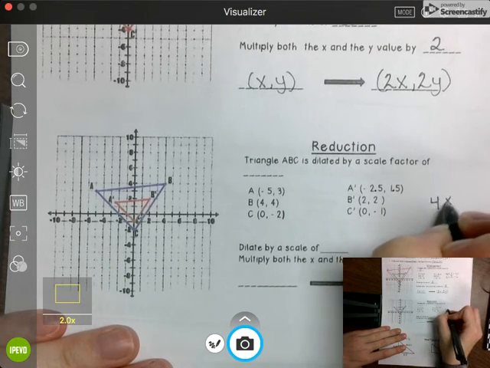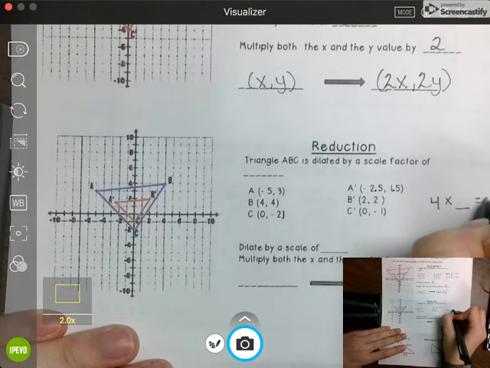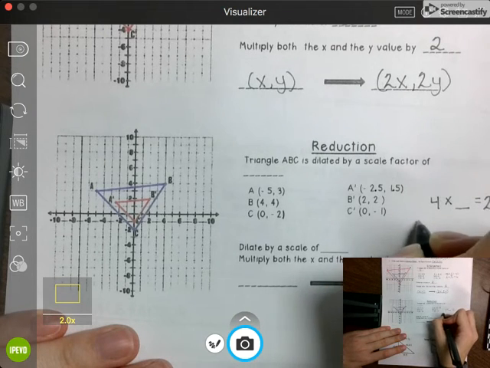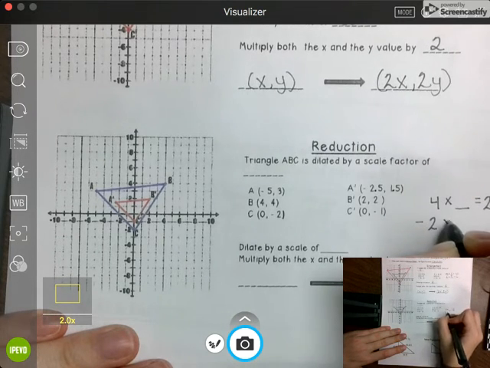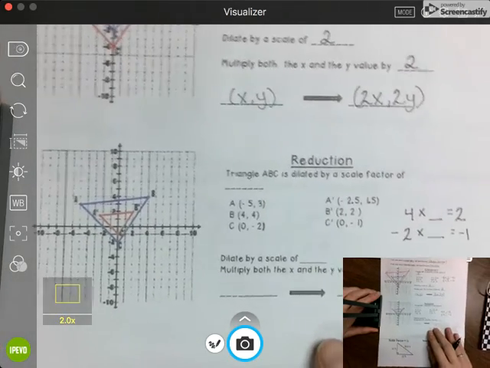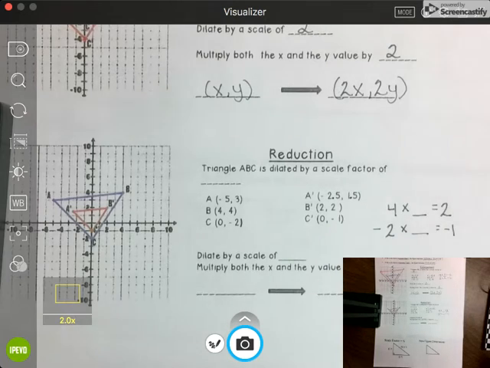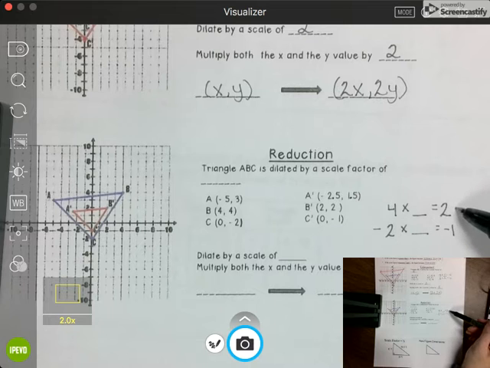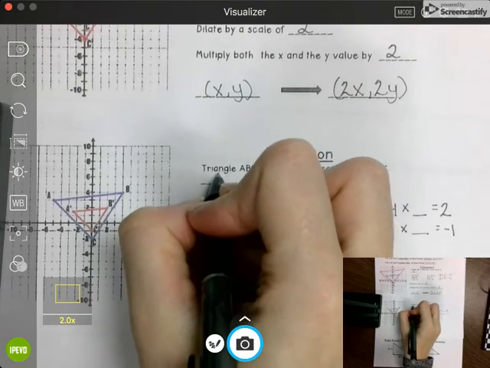So let's look at the other ones. I'm doing 4 times some number, and I'm getting 2. I'm doing -2 times some number and getting -1. So what is happening? Well, I am going down by 1/2.